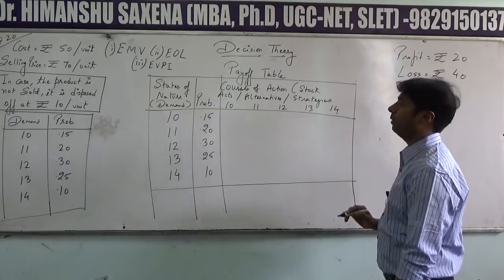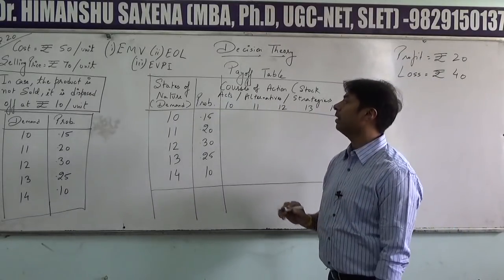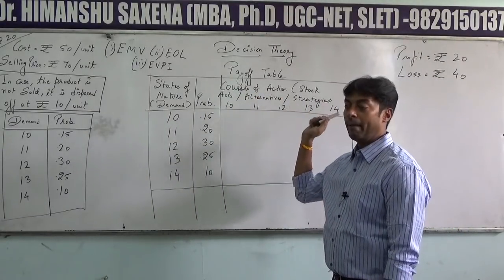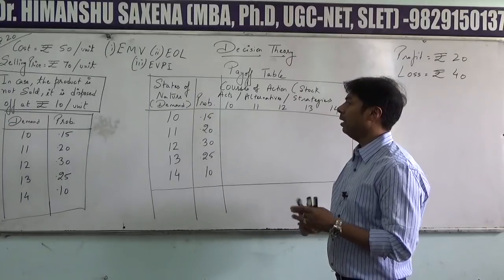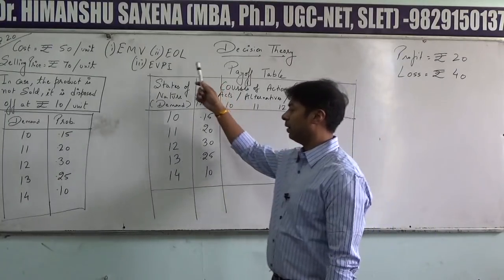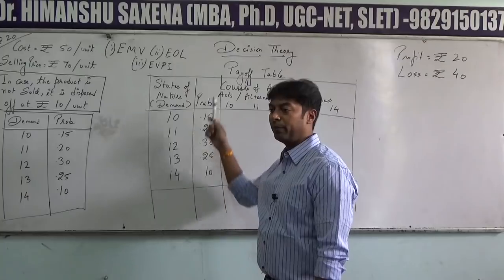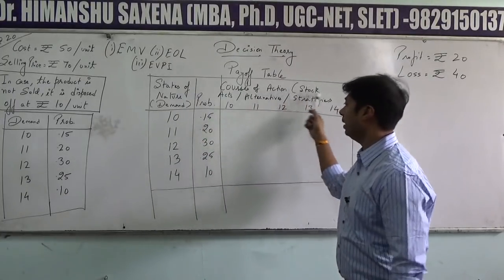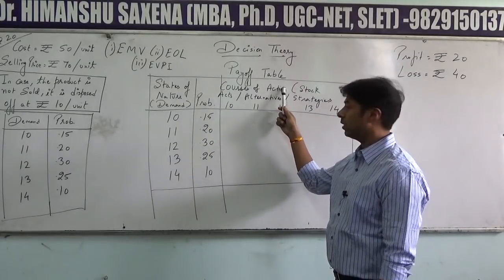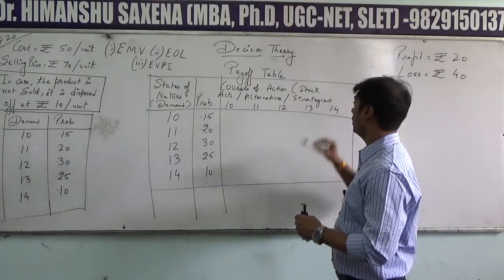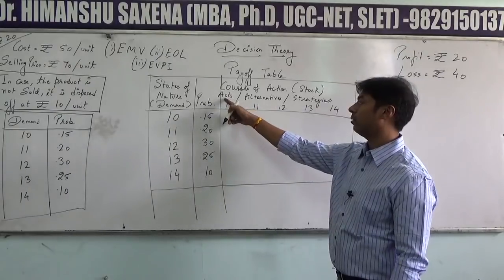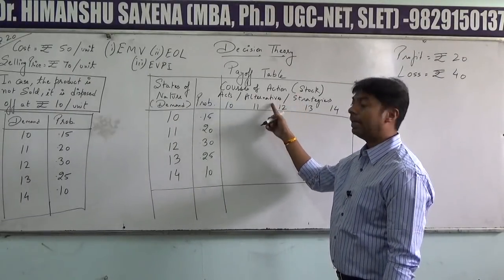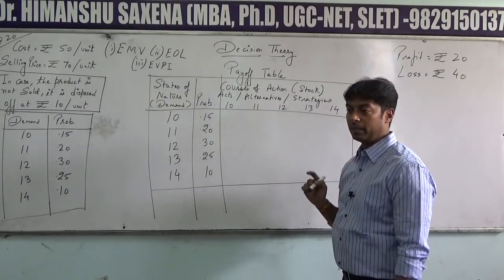for payoff table. Remember, the first table that we are going to construct is payoff table, and the basic format is, firstly we will have this segment for state of nature, second column is for probability, and finally a major segment for courses of action, popularly referred to as stock, also denoted by these terms which are called X, alternatives or strategies.